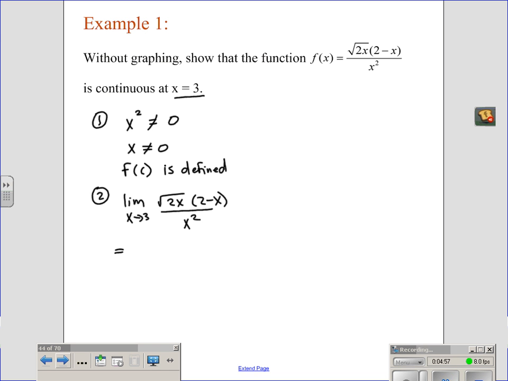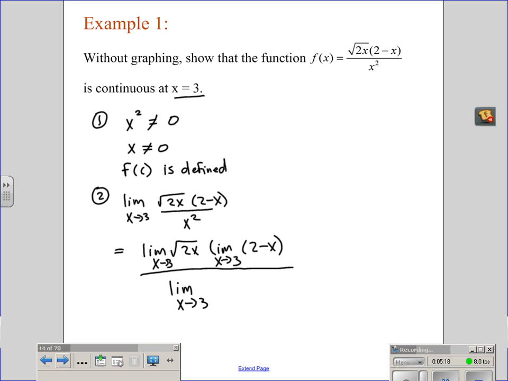This can be rewritten as, from our properties. Okay, so we rewrite it as that. And once we do that, then we can start to evaluate.